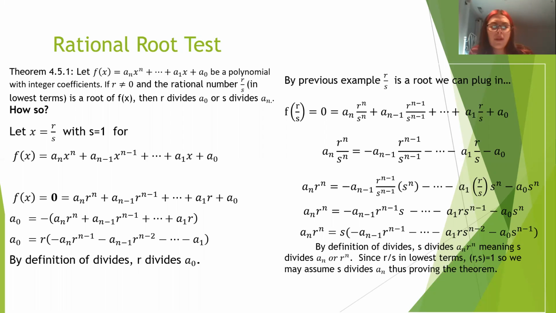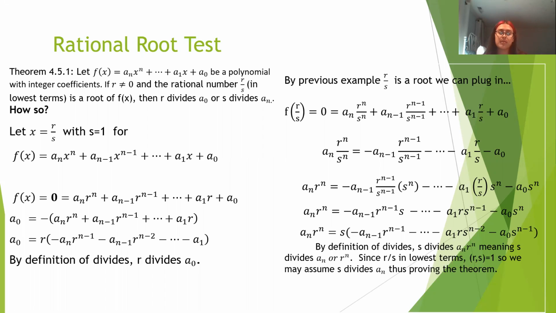But how is this so? Since r over s is a root, let x equal r over s and s equal 1 for the equation stated above. So since it's a root, we can say f of x equals 0 equals a sub n r to the n plus a sub n minus 1 r to the n minus 1 plus up until a sub 1 r plus a sub 0.